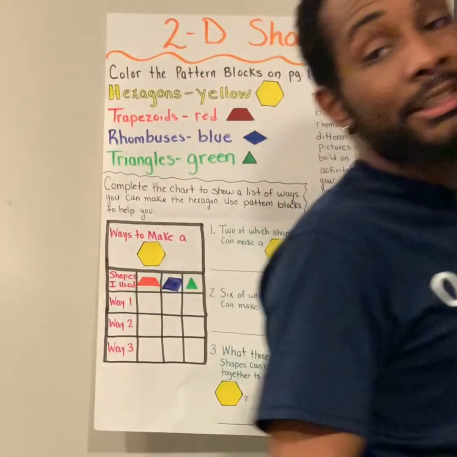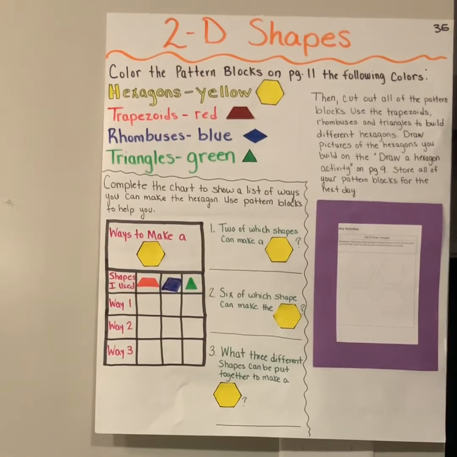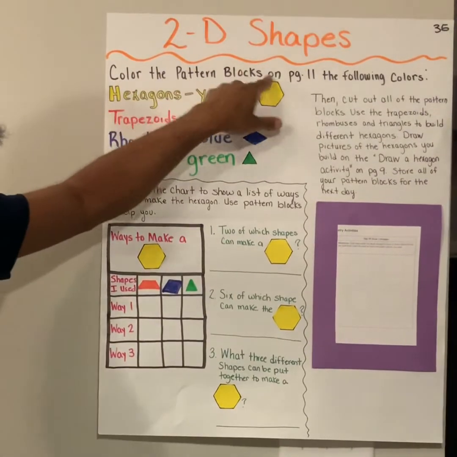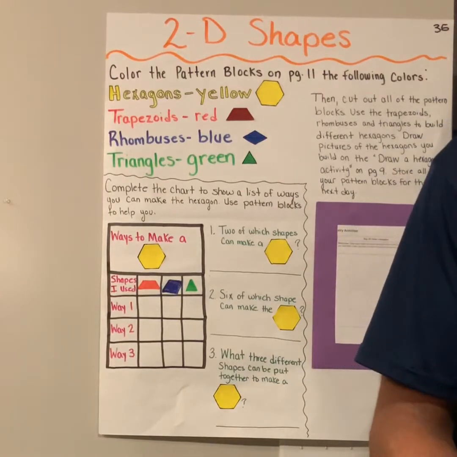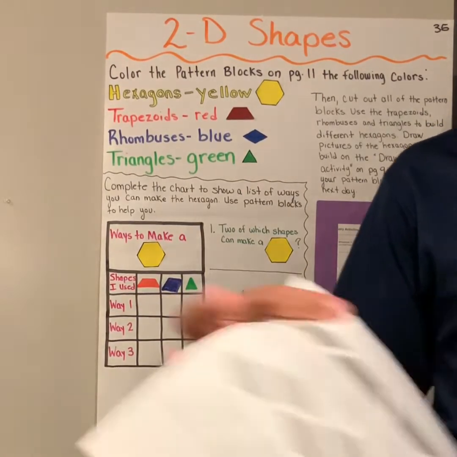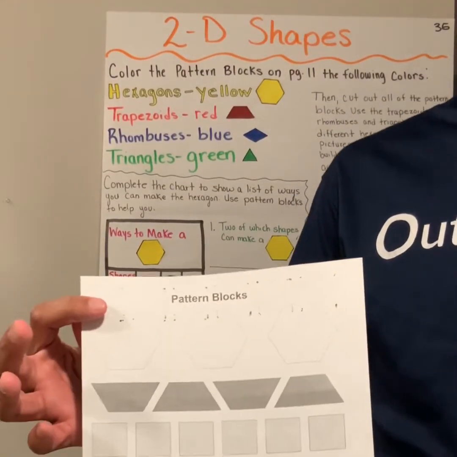So today we're actually going to start building, okay? So let's say color the pattern blocks on page 11 the following colors. So your sheet should look something like this, okay? It should be a sheet just like this pattern blocks.